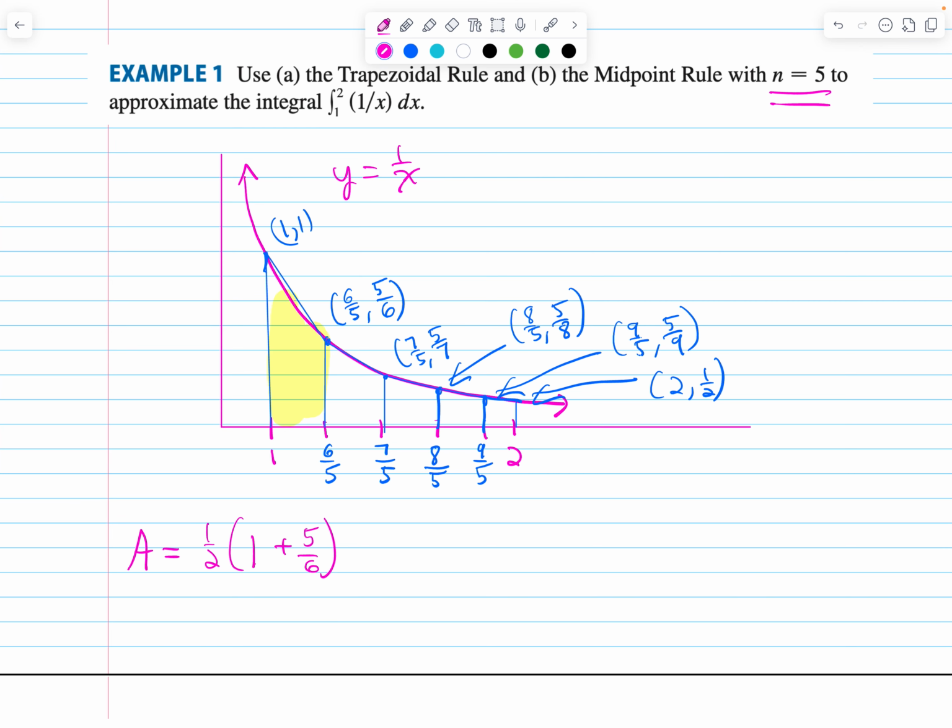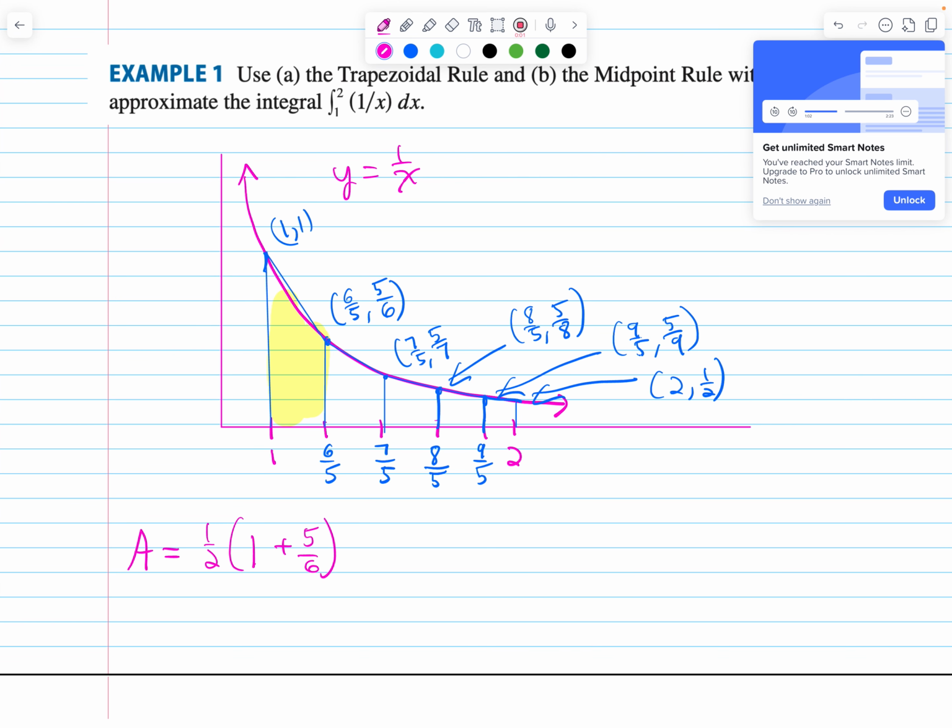The height of my trapezoid is going to be this delta x, that width. And each of these delta x's are the same. They're all 1/5 long. So that would be times 1/5.